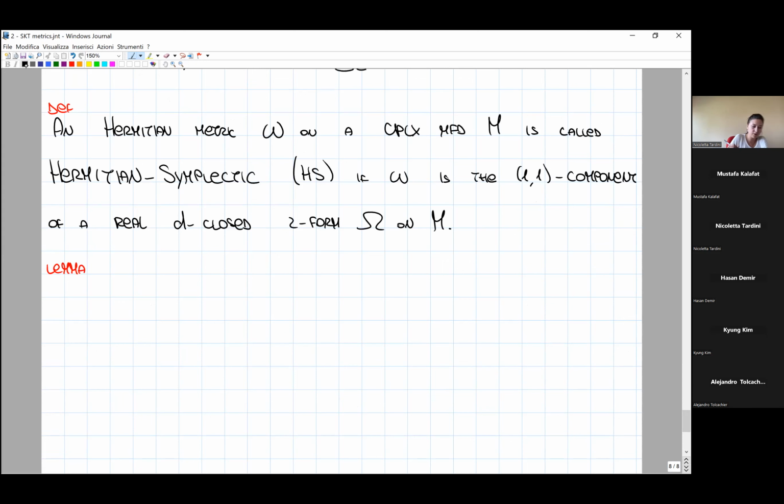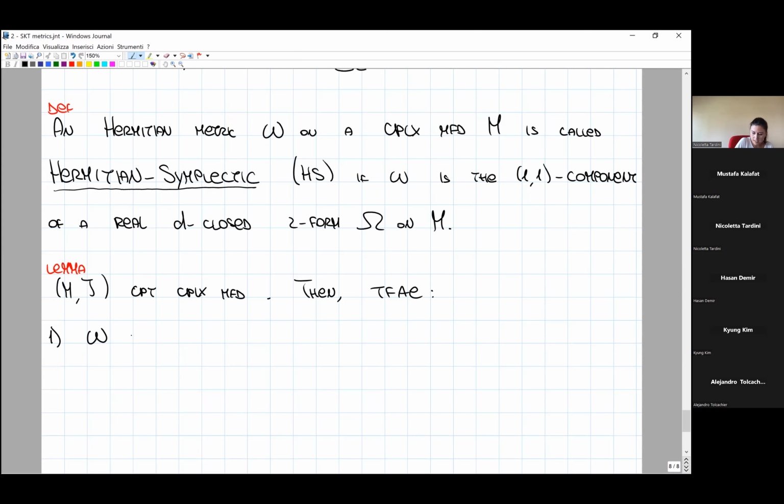So let me give you a lemma that shows an equivalent condition to this Hermitian symplectic condition, that is, having a Hermitian metric that is in fact the 1-1 component of a symplectic structure. If (M, J) is a compact complex manifold, then the following are equivalent.